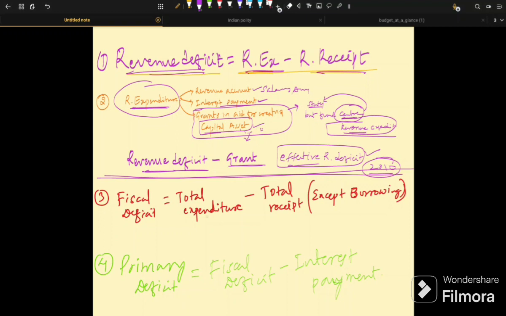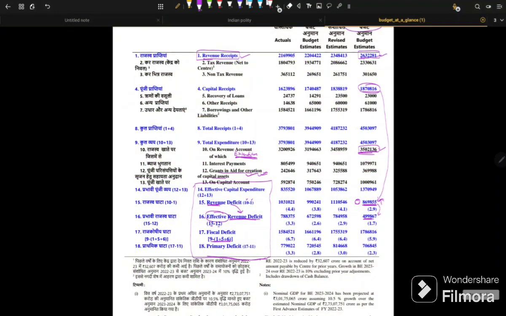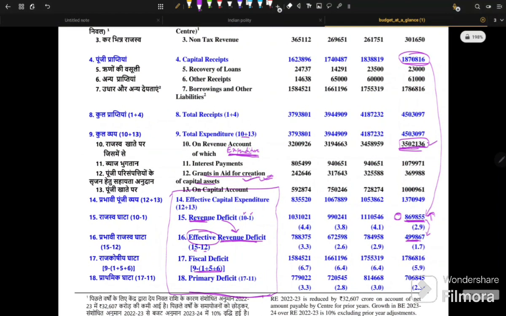Then fiscal deficit is total expenditure minus total receipt, but except borrowing. Okay, just see, this is the total expenditure. The formula is total expenditure minus total receipt. Yes or no?